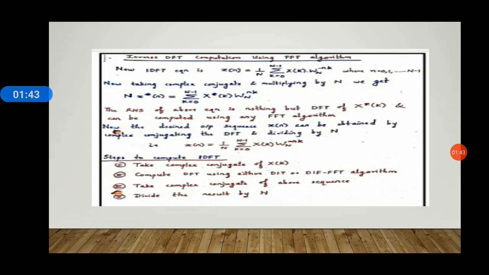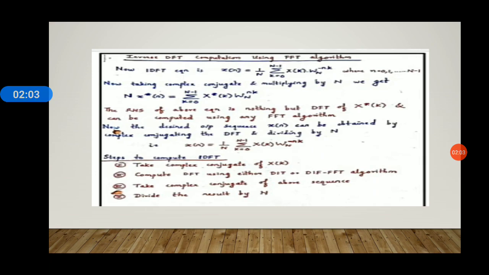Now, if we take the conjugate on both the sides, we get N x star[n] equal to summation k going from 0 to N minus 1 of X star[k], that is the conjugate of X[k], W_N to the power nk.